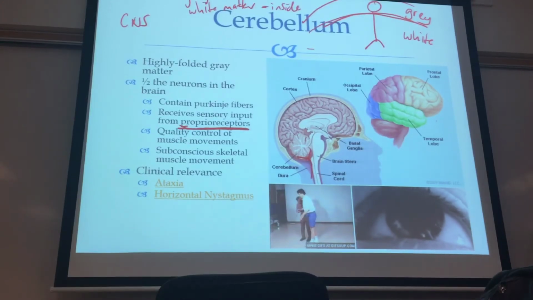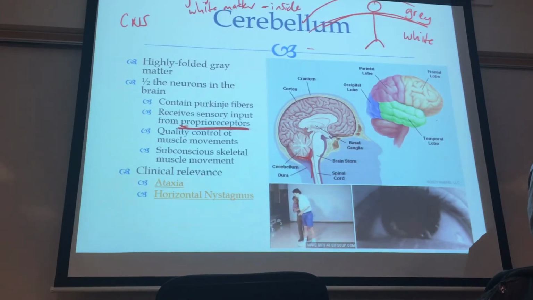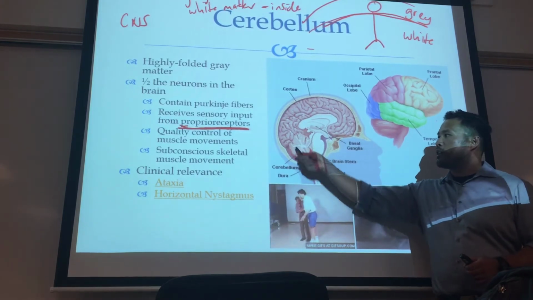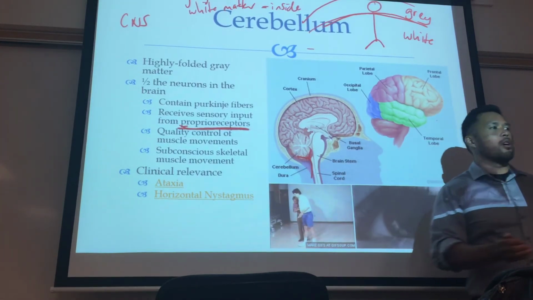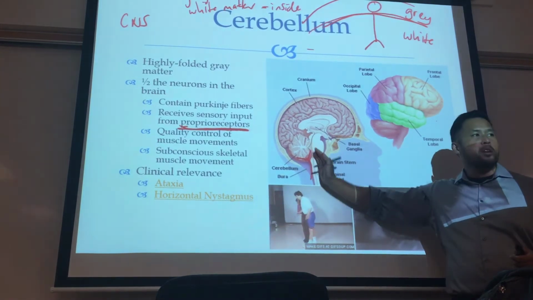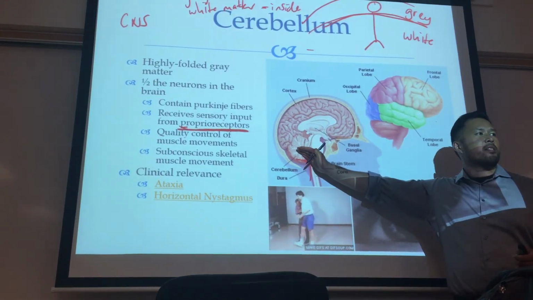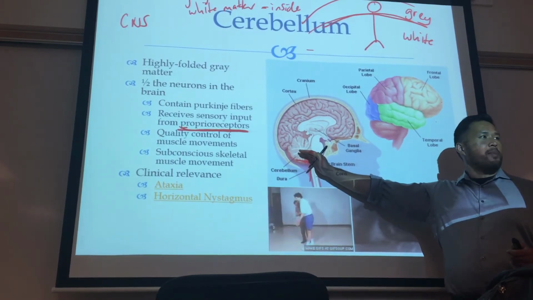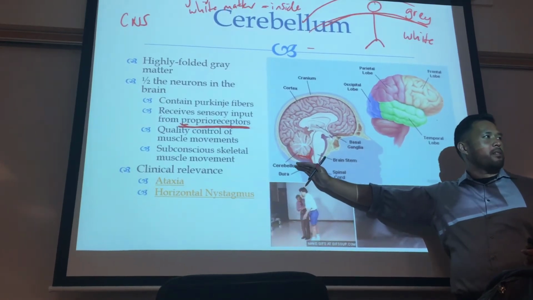One thing I brought up with alcohol, just to tie in what happened in last week's lecture: we talked about alcohol coming in and inhibiting some of the areas, and the areas that would be inhibited were in the cerebellum. So if the cerebellum is responsible for muscle movement, and alcohol comes in and starts to interfere with those areas, it's not uncommon that somebody with high alcohol levels is not able to really move as they intend.